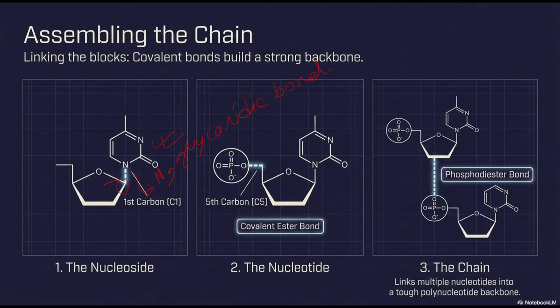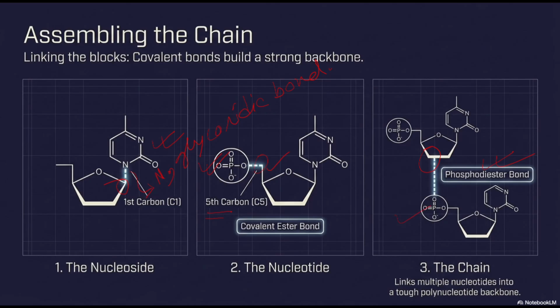Next, the ester bond. The ester bond is formed in between the phosphate group and the 5' carbon of the pentose sugar. And then the phosphodiester bond, which is made in between the 3' carbon of the pentose sugar and the phosphate group.